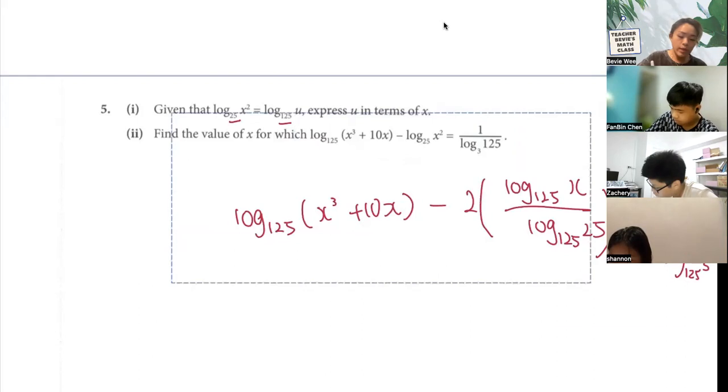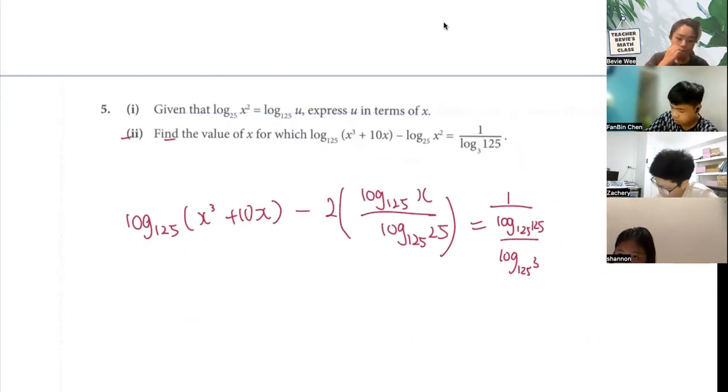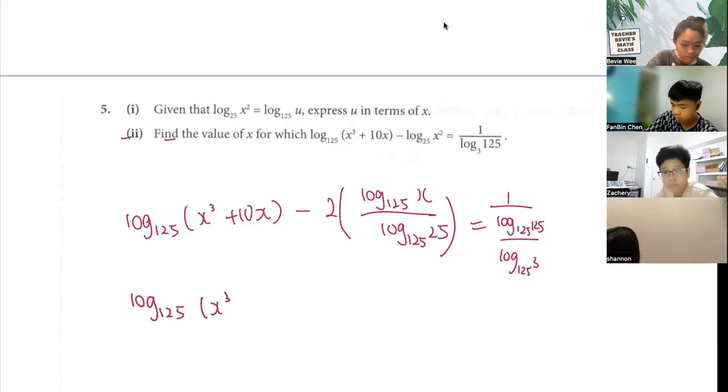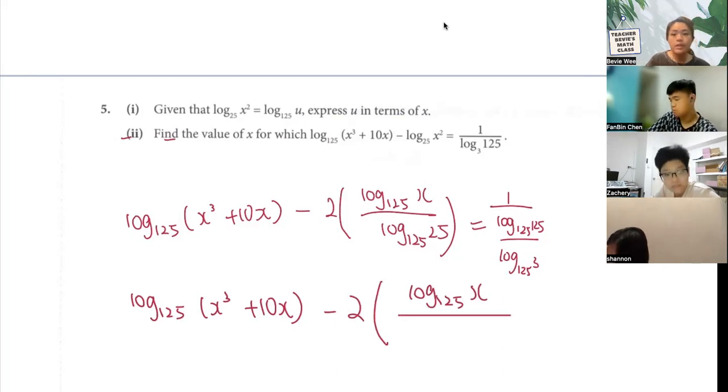Okay, so I didn't do anything else. Basically, I'm just changing all the bases. Okay, so now all my bases are the same already. The first part I just copied back. Minus 2 log 125 of x over the denominator.